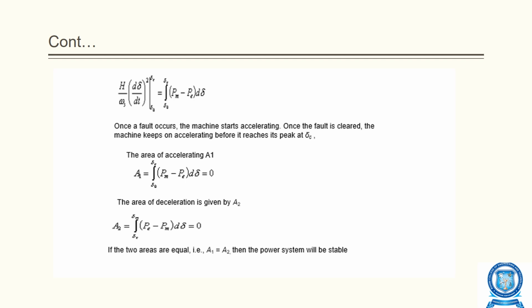If the areas are equal, A1 equals A2, then the system is said to be stable. The acceleration area as well as the deceleration area must be equal. If they are equal, then the system is stable, or else it is unstable. This is how we find the stability of a system with the help of this power angle curve.